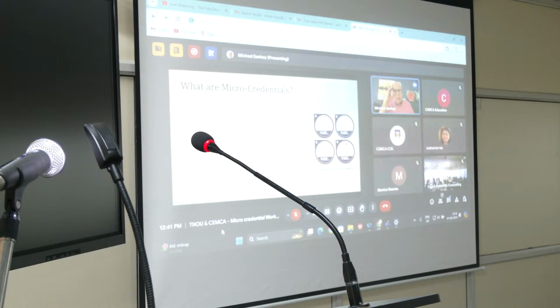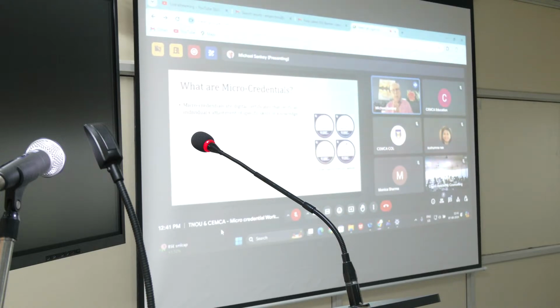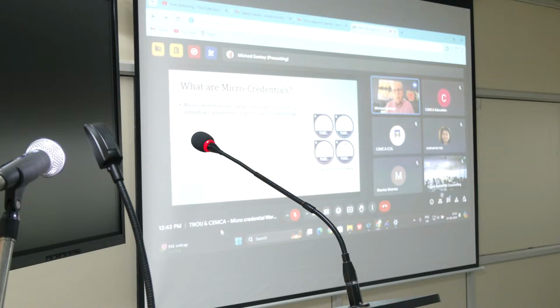But what are micro-credentials? Well, they are, of course, digital certificates that represent that you've got some knowledge or some skills. On the right-hand side, here are some of our micro-credentials, which we've badged.